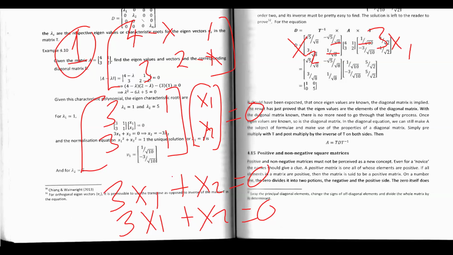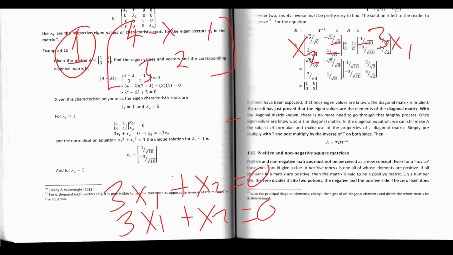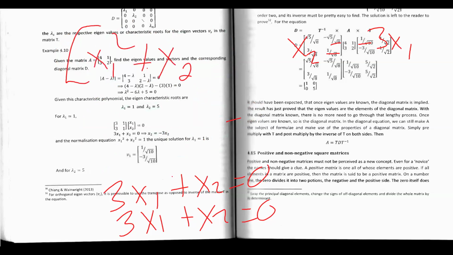So from here, we need to normalize, right? There is the normalization equation that we have, which is x1 squared plus x2 squared is equal to 1. We now have x2, right? Where there is x2, we'll put negative 3x1.